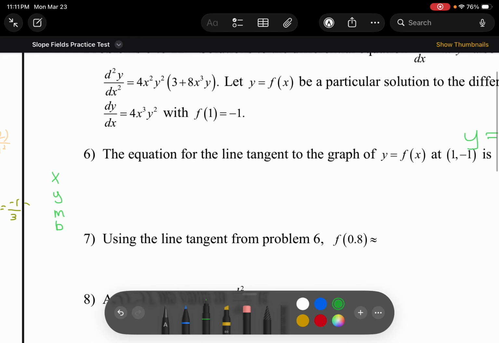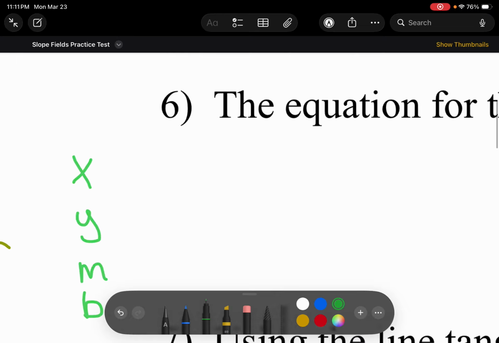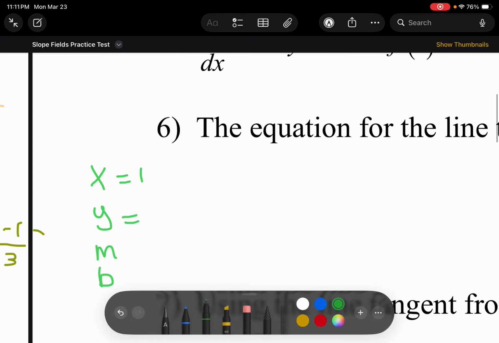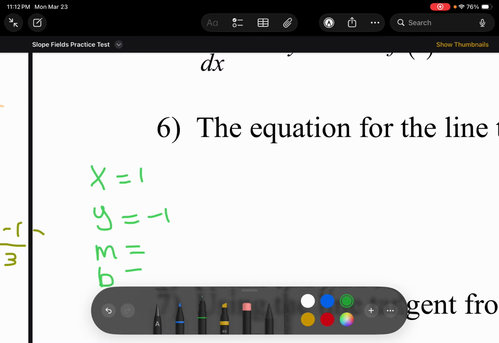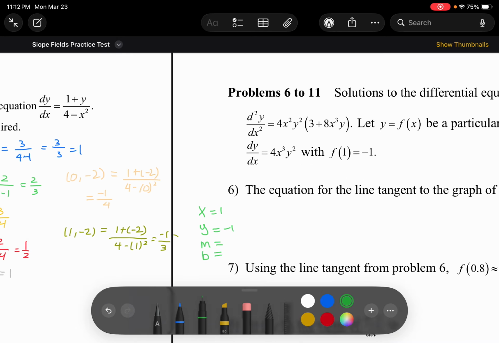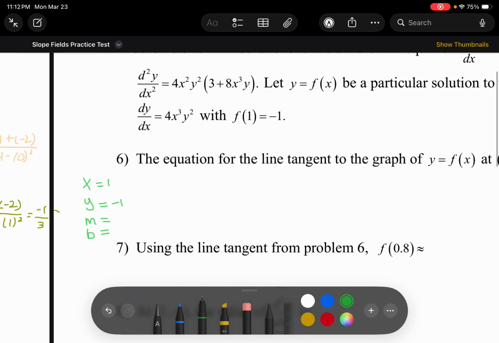We already found our x and y. I shouldn't be using green. X is going to be 1. Y equals negative 1. M, that's your slope, and b. So y equals f of x. M is your slope, right?